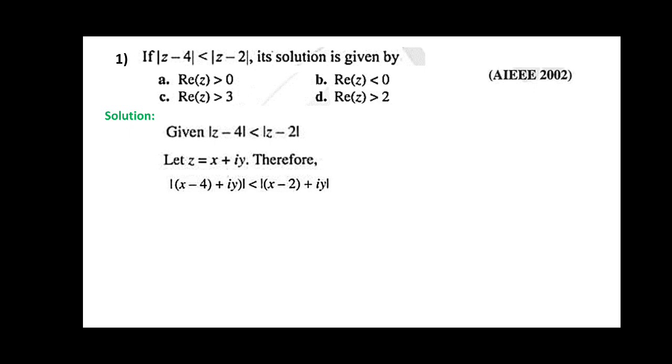We can write it as x minus 4 plus iy, separating the real part and imaginary part, so the whole modulus is less than, and again we replace the value of z in the RHS, so it becomes x minus 2 plus iy after separating the real part and imaginary part.